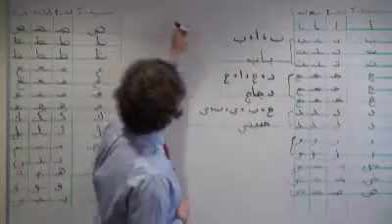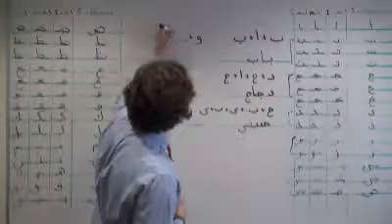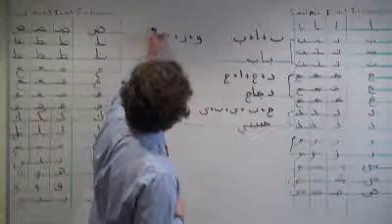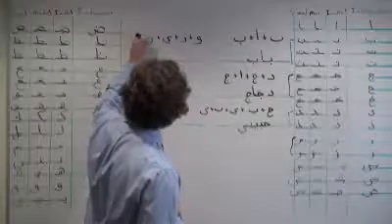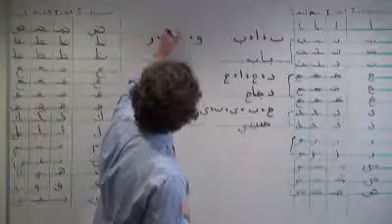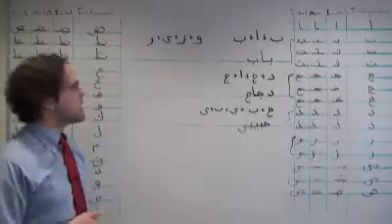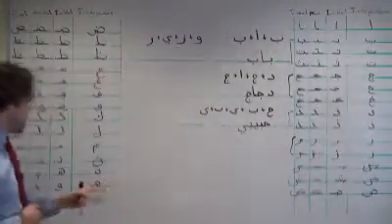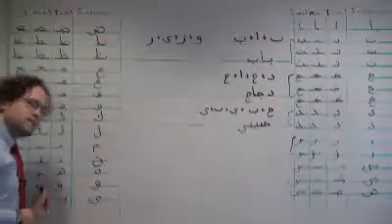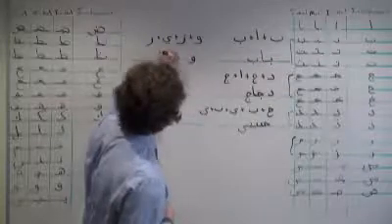Here's another. Waw, za, ya, ra. Initial form of waw, which once again is an unfriendly letter, doesn't quite connect with the letters that follow it, so it has a standalone form pretty much by itself.